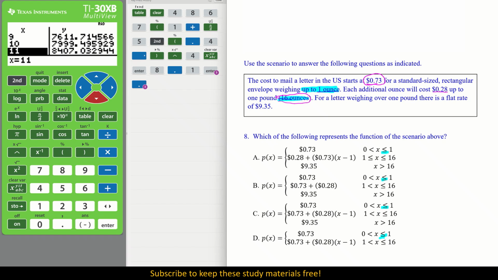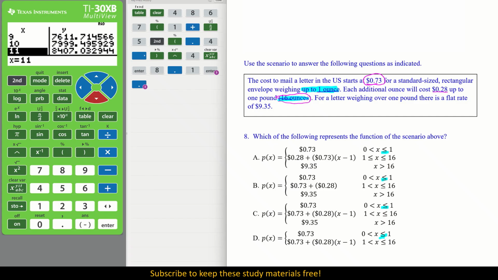Well, it's the 73 plus, for the ounces that are over, it'd be 1 ounce, 2 ounces, 3 ounces. So you have to subtract that ounce when you multiply it times the 28. 1 ounce is 73 cents. That's like a B value. You have to think of 73 cents as your B value. And then it's 2 ounces, 3 ounces, 4 ounces, up to 16.